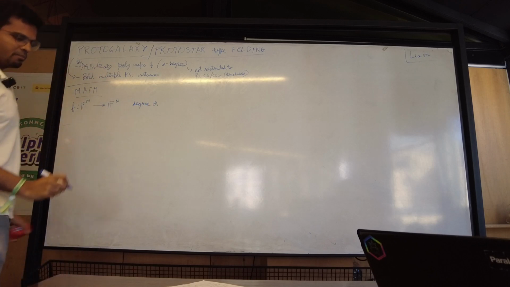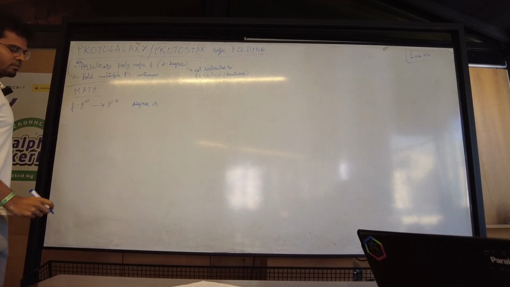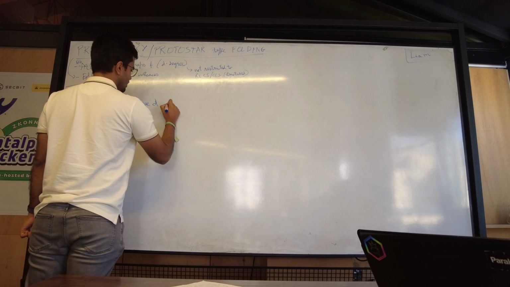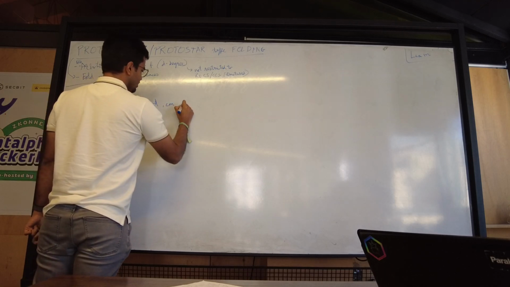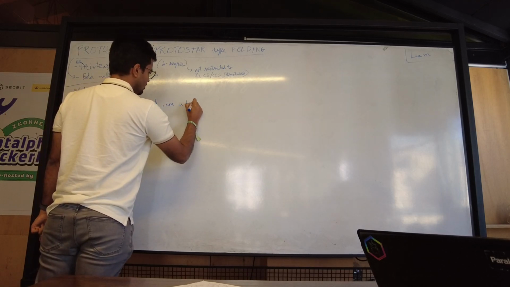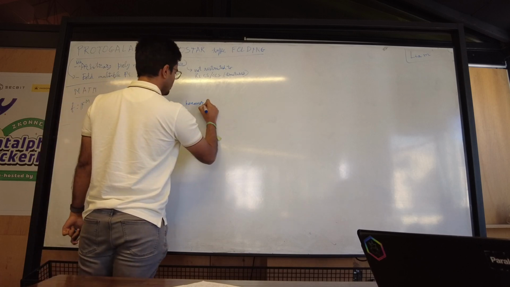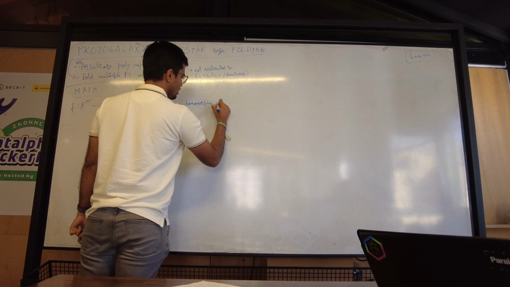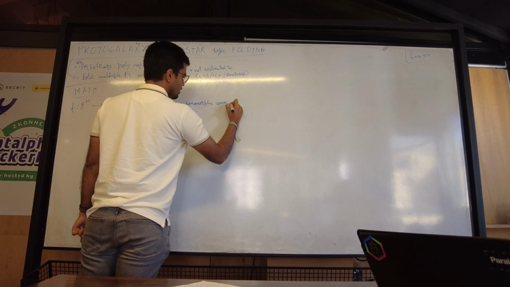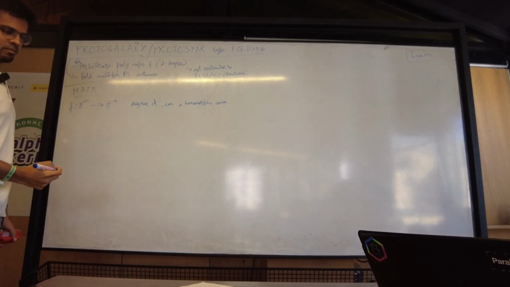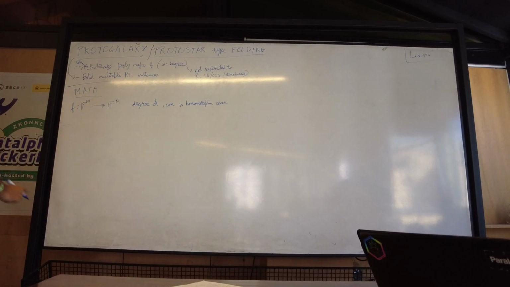This is a polynomial map. Then you have Cm, which is an additively homomorphic commitment scheme. And then you have two things.